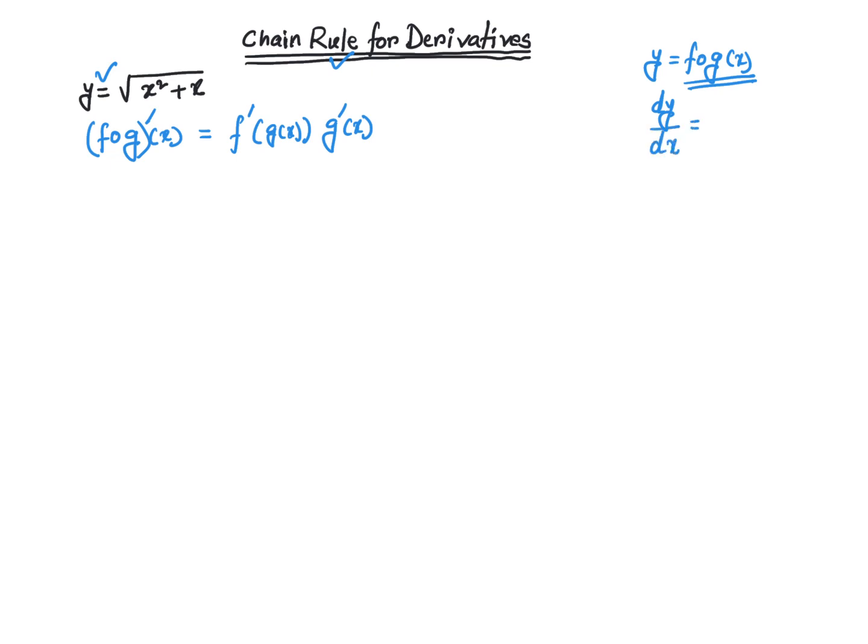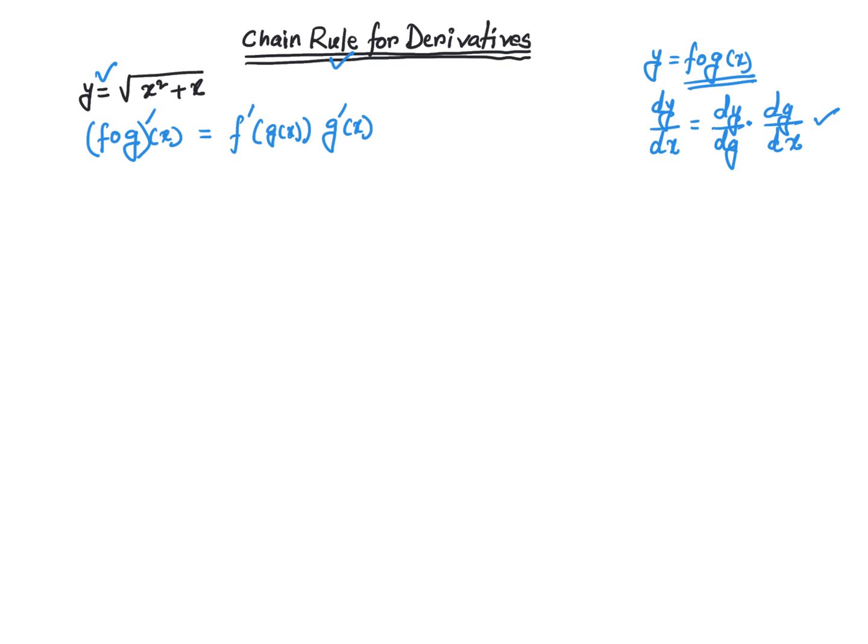That is going to be the derivative of y with respect to the function g, and then times the derivative of g with respect to x. So this is just a more common and more convenient way of writing the chain rule.